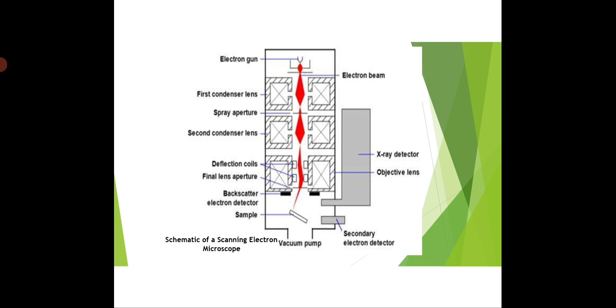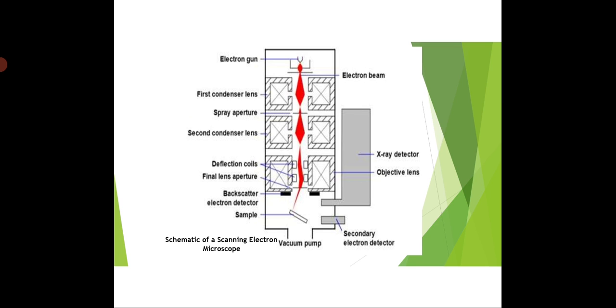This is a schematic diagram of electron microscope. Here different parts of electron microscopes are shown. The very top part is electron gun. It produces electrons. These electrons pass through different lenses. These are electromagnetic lenses.